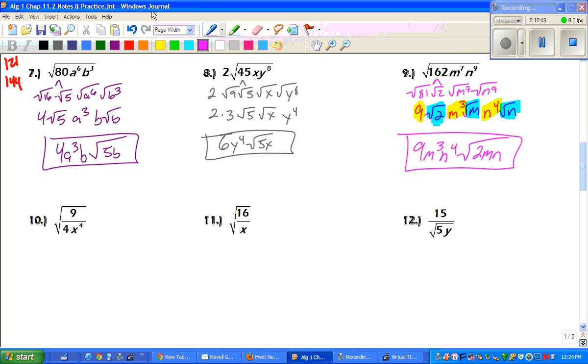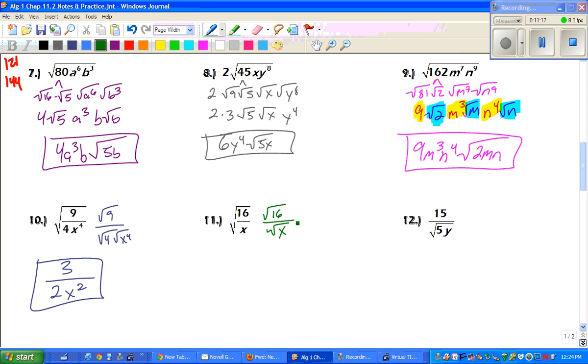Last couple ones. Now, when it looks like this, like a fraction, you still break it up everything individually. The square root of 9 is 3, the square root of 4 is 2, and the square root of x to the 4th, it's x squared. Okay, square root of 16, square root of x, which gives you 4 root x.